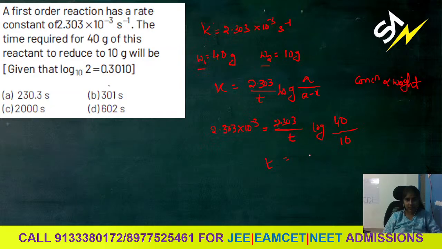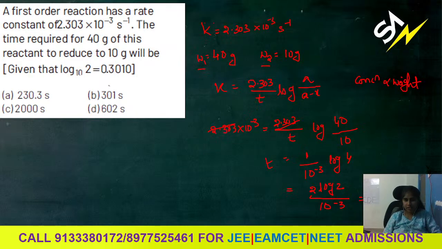entirely, we will get this 2.303 and this will be cancelled, and we will get T is equal to 1 by 10 to the power of minus 3 log to the 4. 4 is written as 2 log 2 divided by 10 to the power of minus 3.